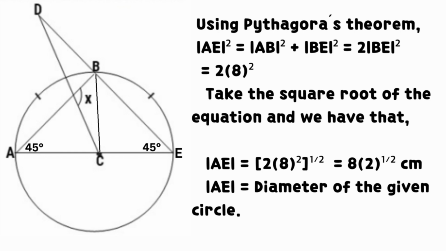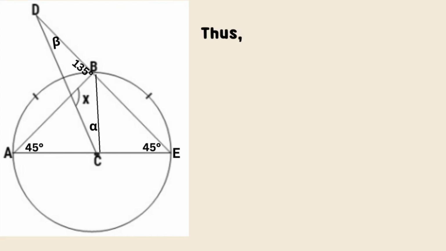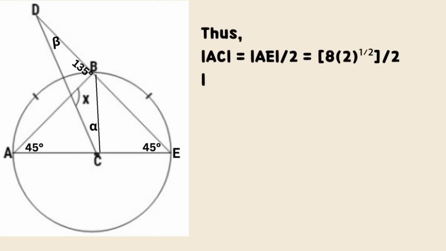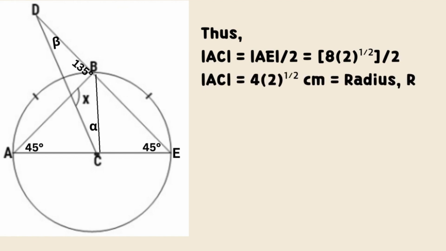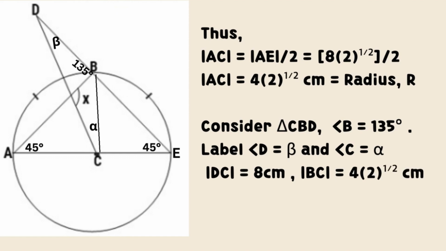This is equal to the diameter of the given circle. Thus, line A, C equals the product of 4 and the square root of 2 in centimeters. This result equals the radius R of the given circle.